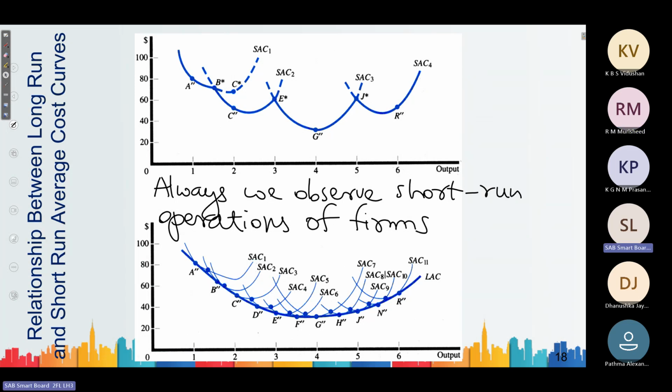Long run is simply the planning horizon. When the firm plans for its expansions, that time horizon is called the long run. Long run is the planning horizon for expansions.